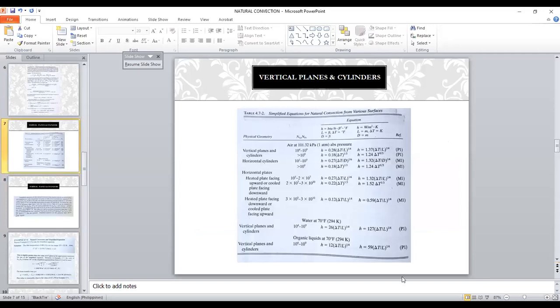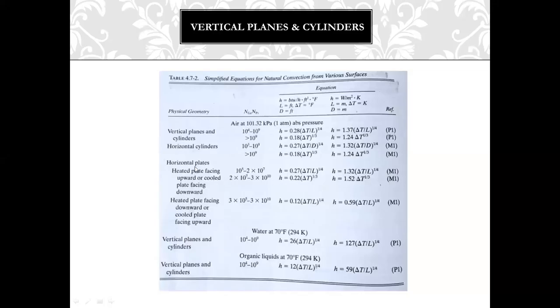Okay. So this is Table 4.7-2. And since we're given a horizontal cylinder, we are to assume that the product of the NGR and NPR, which we have no way of checking, falls on this range. Normally, it falls on this range, 10⁻³ to 10⁻⁹.